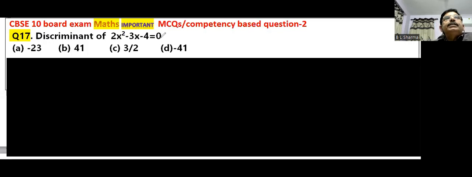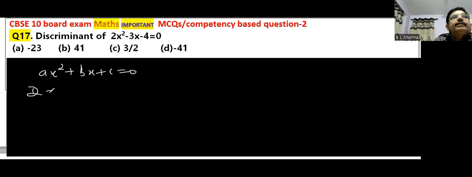Discriminant of 2x square minus 3x minus 4 will be, we know if the quadratic equation ax square plus bx plus c is equal to 0, then discriminant is given by b square minus 4ac.